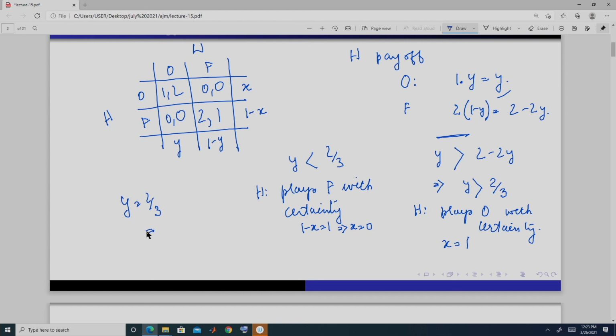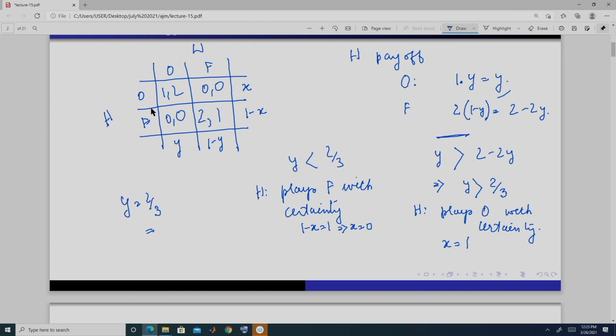Whenever the wife plays O and F such that the probability of playing O is 2/3 and the probability of playing F is 1/3, then player 1, that is the husband, attaches some probability to O and F. What? We will come to it later.